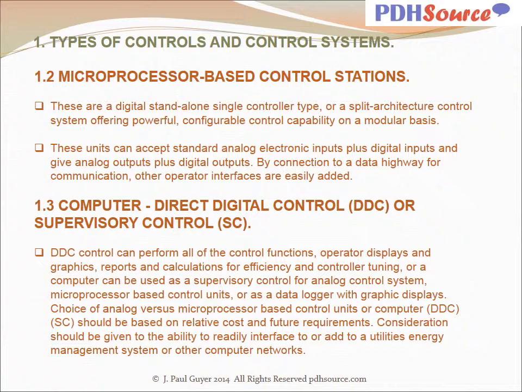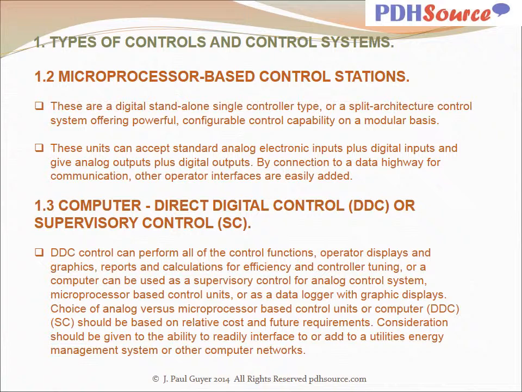Direct digital control or supervisory control computer systems, DDC, direct digital control, can perform all of the control functions, operator displays and graphics, reports and calculations for efficiency and controller tuning, or a computer can be used as a supervisory control for analog control system, microprocessor-based control units, or as a data logger with graphic displays.